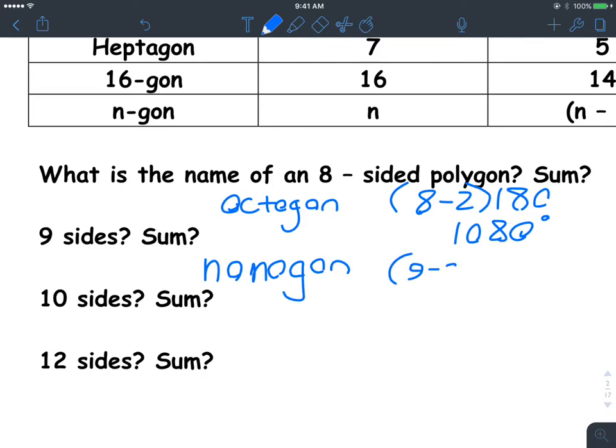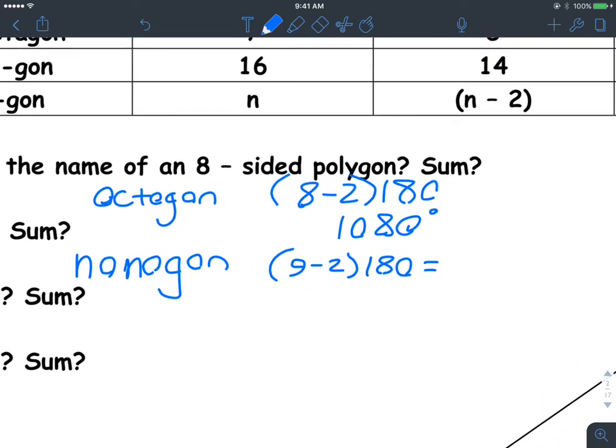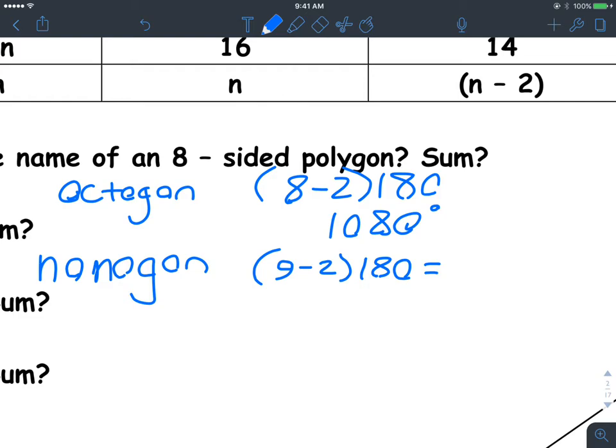So that'd be 9 minus 2 times 180. Actually, I'm sorry, 9 minus 2, so it's 7 times 180. And that would get us 1260.